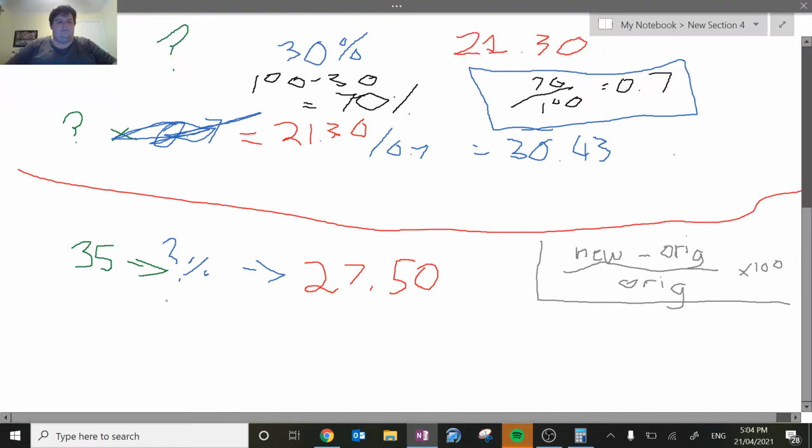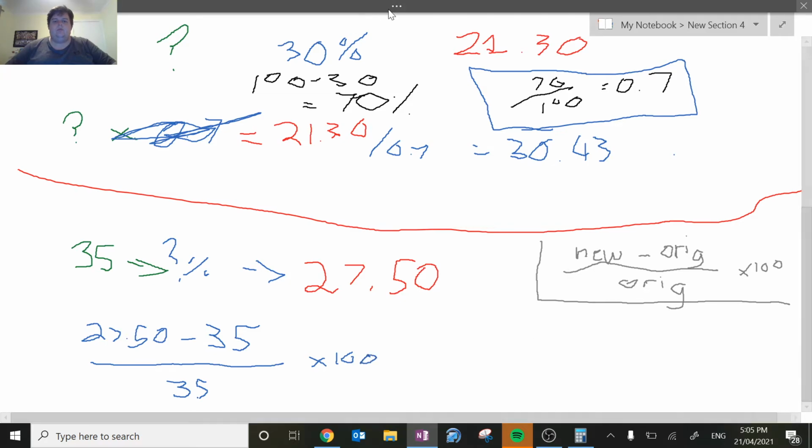We'll go, okay, the new price is $27.50. Subtract away our original price, which is $35, and then we divide the whole thing by $35. Yeah, cool. And that whole thing is multiplied by 100.